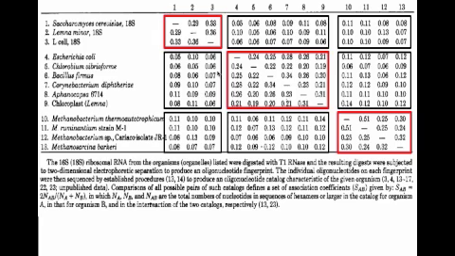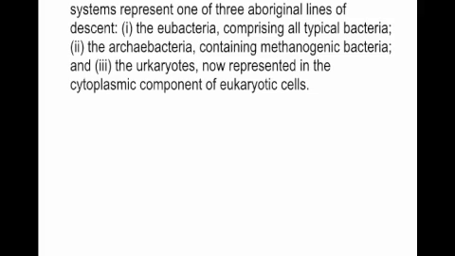And this was basically the discovery of what's now called the archaea. It's the 3rd branch on the tree of life, and it was hidden within what had been called prokaryotes before Woese did this ribosomal sequencing.